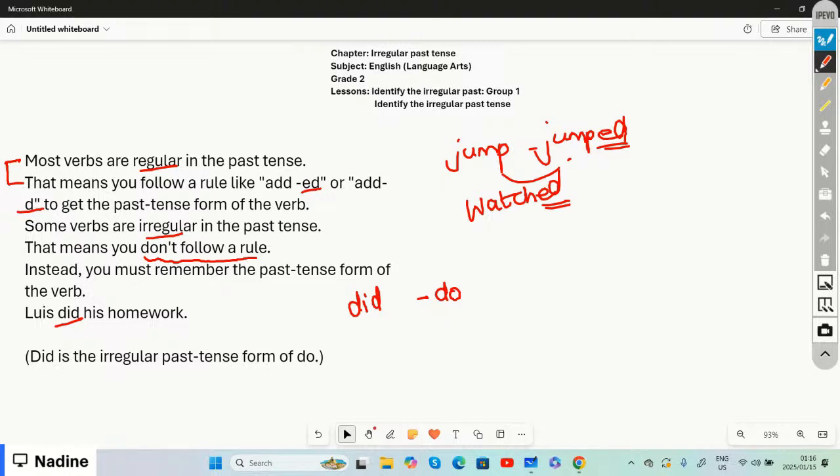When it comes to the irregular past tense, sometimes the wording of the verb changes in order to show that it is an irregular past tense. The wording can even change. You're not just adding an ed or just adding a d anymore.